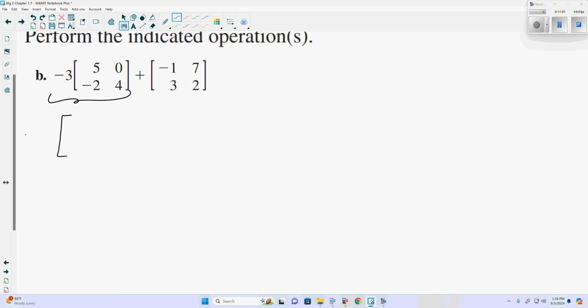Every element in this first matrix is going to be multiplied by -3. We'd have -3 times 5, -3 times 0, -3 times -2, and -3 times 4. The other matrix is -1, 7, 3, 2. Since there's not a scalar or a number in front of it, it's not being scaled.